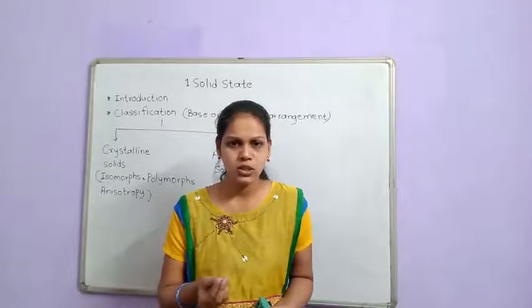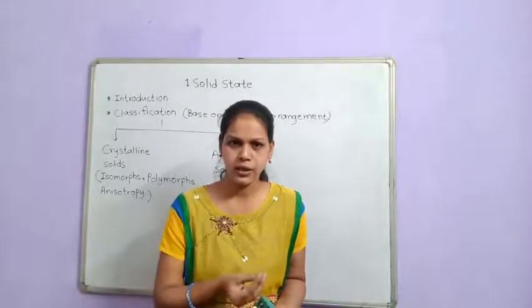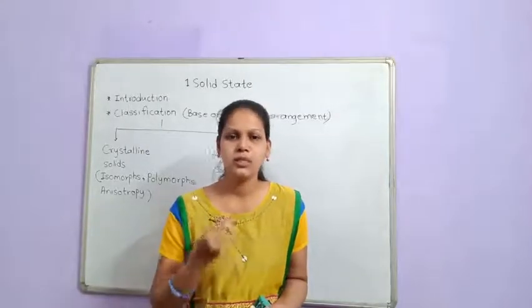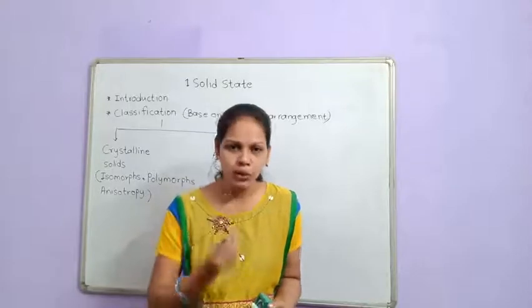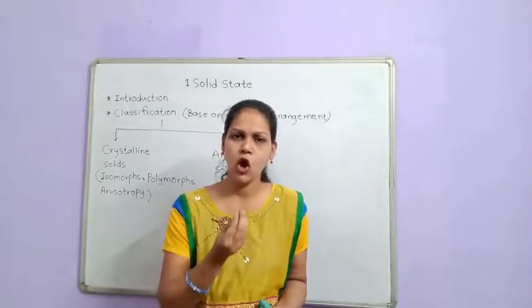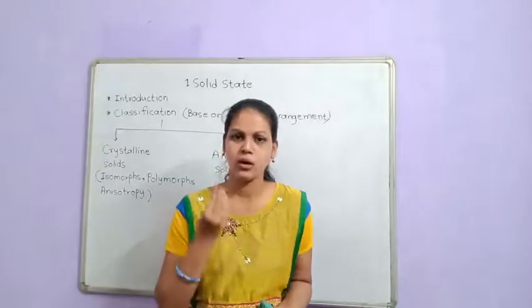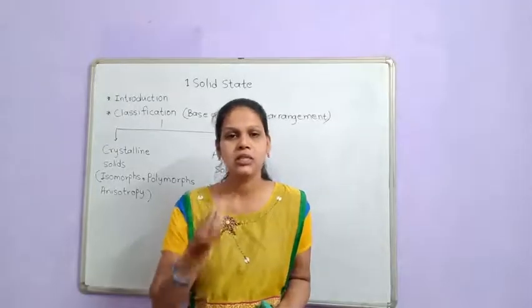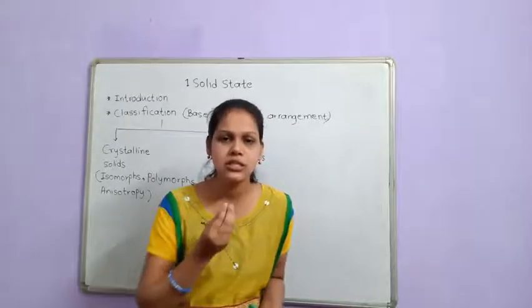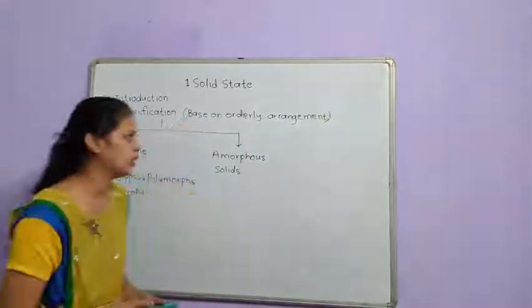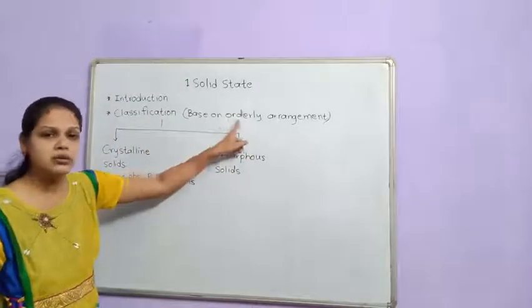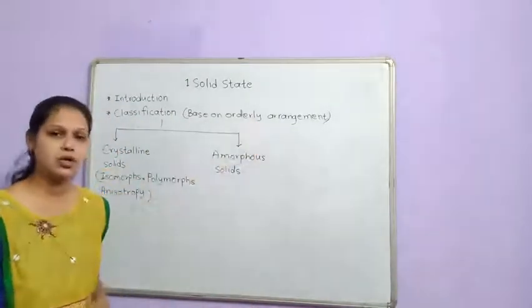If a given solid has an orderly arrangement of its particles, meaning atoms, ions or molecules are orderly arranged, then such a solid is called a crystalline solid. Now pay attention here. Classification is based on orderly arrangement or not.